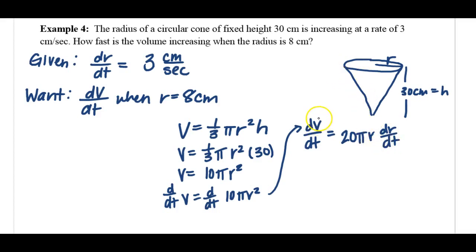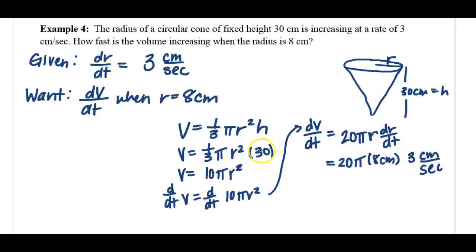Now I wanted dV/dt when r was 8. So dV/dt is 20 pi, this is an r, whoops. My r was 8 centimeters, and then dr/dt was 3 centimeters per second.